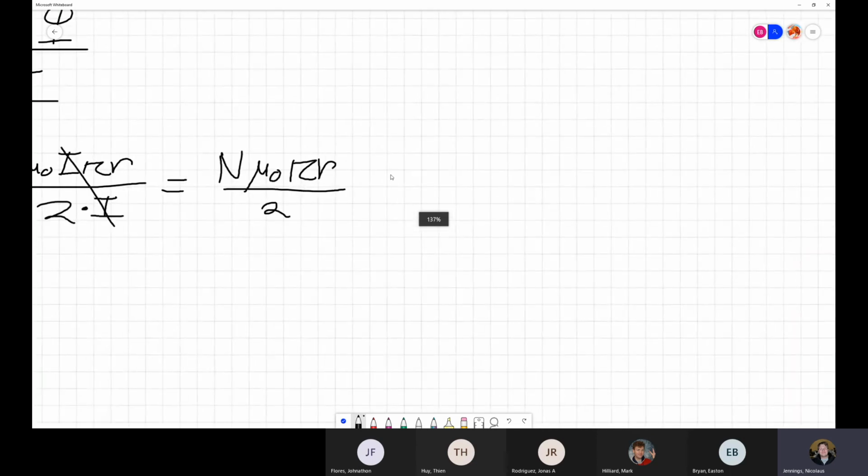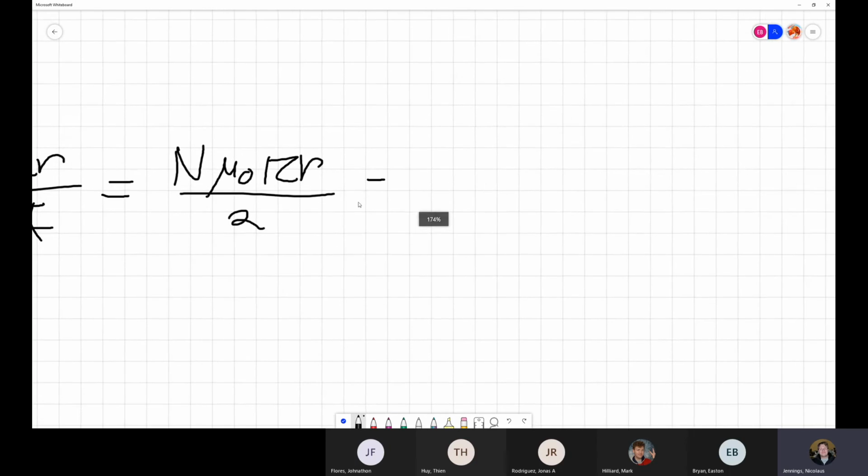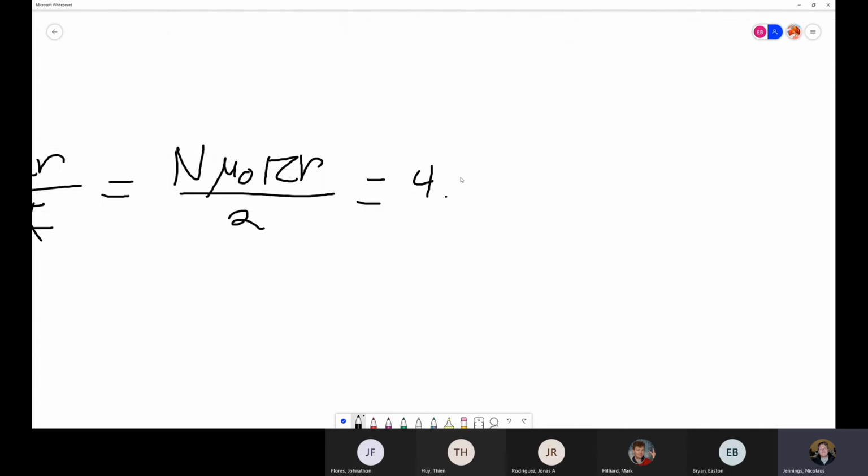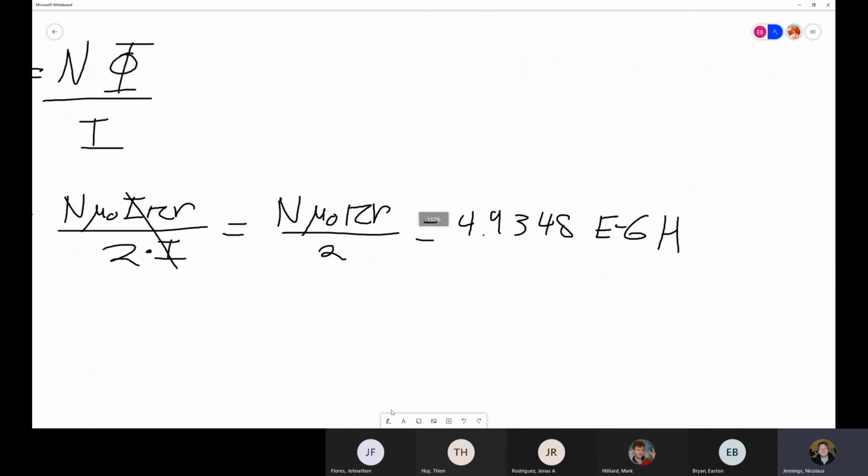Okay, so for this particular problem, we have self-inductance is equal to 4.9348 e to the minus 6 henries. So we have this is 5 right here, 4 pi, 10 to the minus 7. And we have this right here, this is the total radius, so this is 0.5, and then 2.